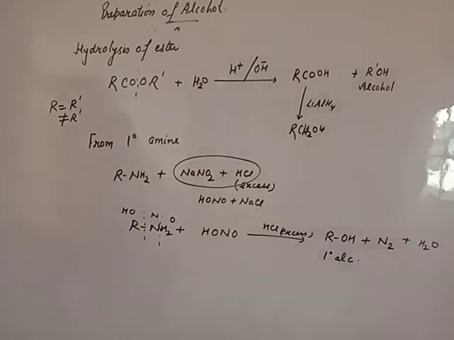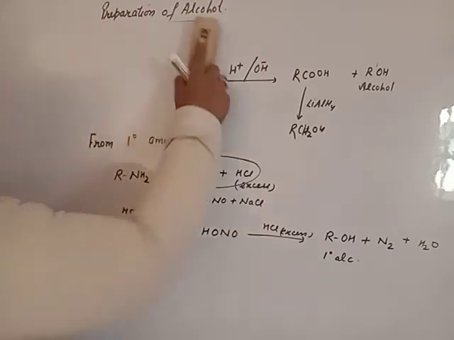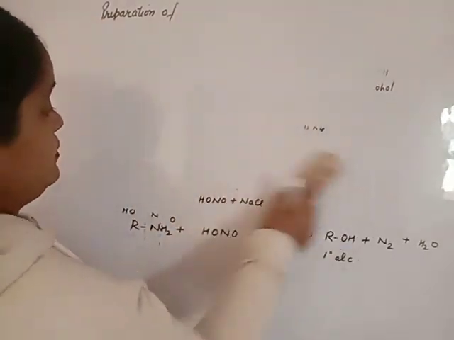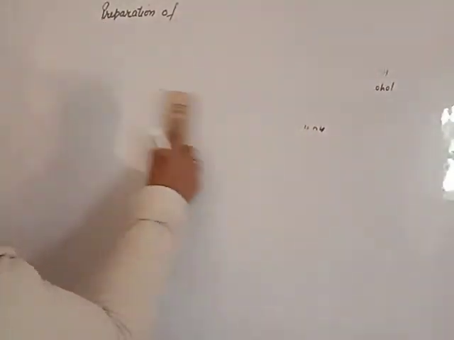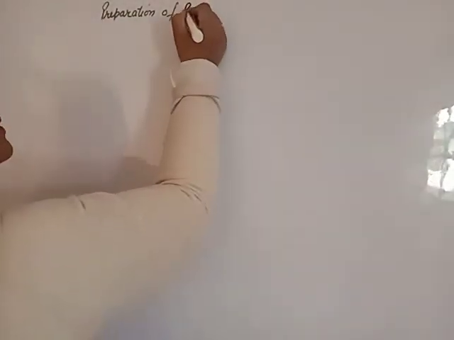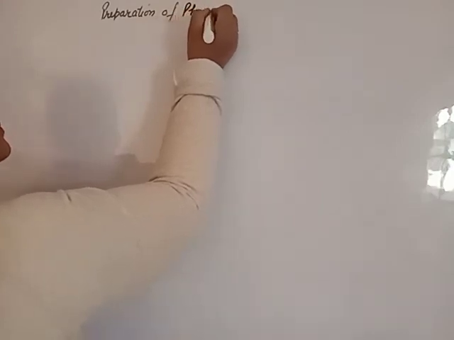Now we have some methods for the preparation of phenol. From haloalkane, alcohol can be easily prepared, but from haloarene, phenol is not easily prepared.